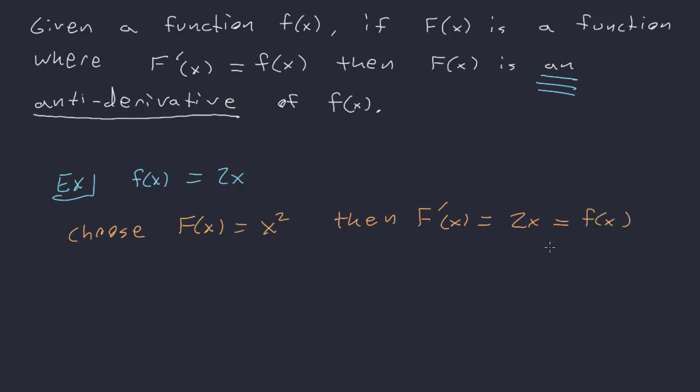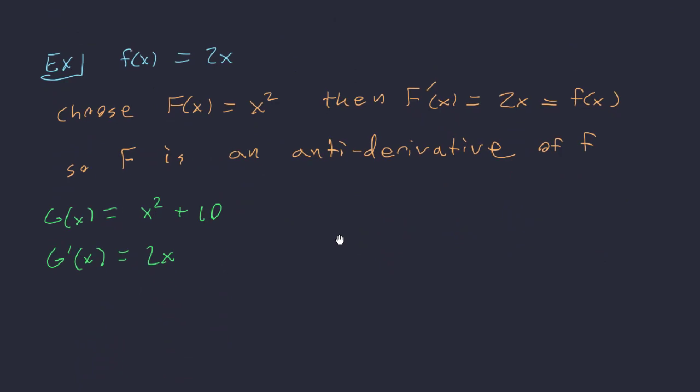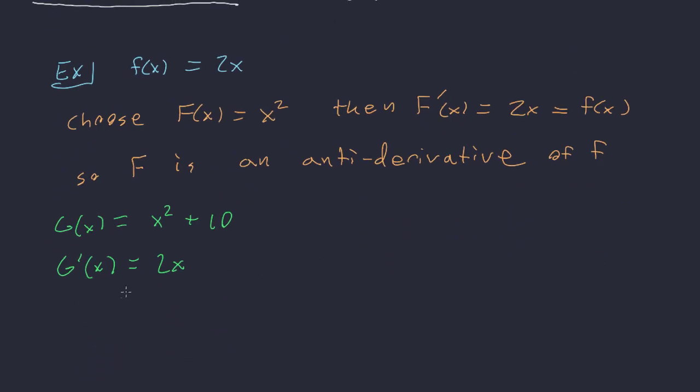So capital F is an antiderivative of little f. The reason we're saying an antiderivative here is because if we look at, say, a capital G of x equal to x squared plus 10, this g prime would also be 2x. So capital G is also an antiderivative of 2x.